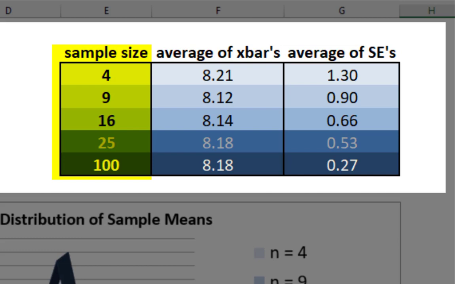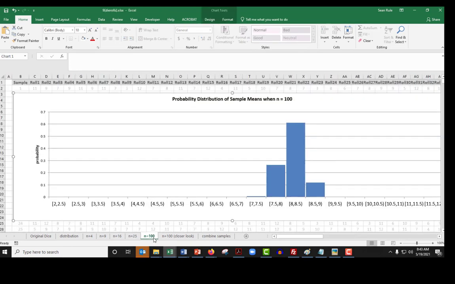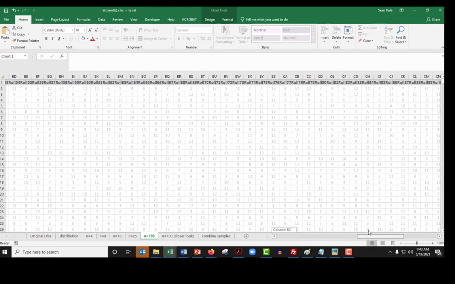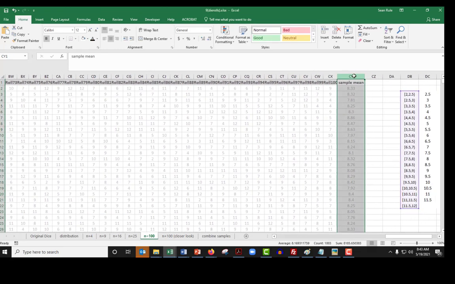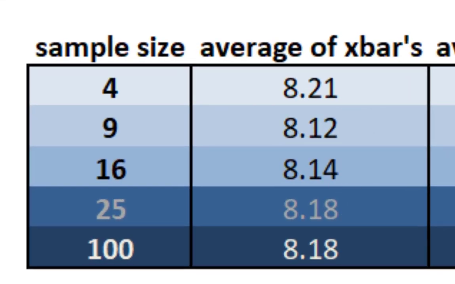The average of the X bars. So what this is, I took all 1,000 samples in each of the 5 sheets, located all the sample averages, and then took the average of all of those. And that's what you see over here.